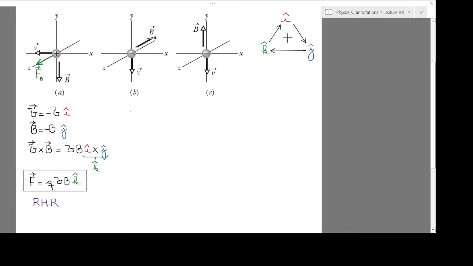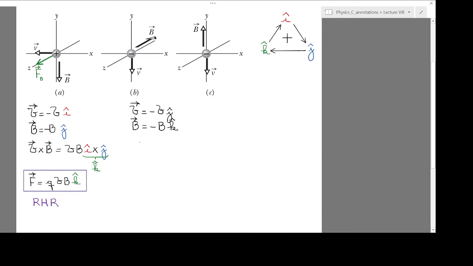We have this, the velocity here is going to be minus v j. I'm going to lose the colors for now, but I'm going to leave colored in your notes. The vector b is going to be minus b k hat.